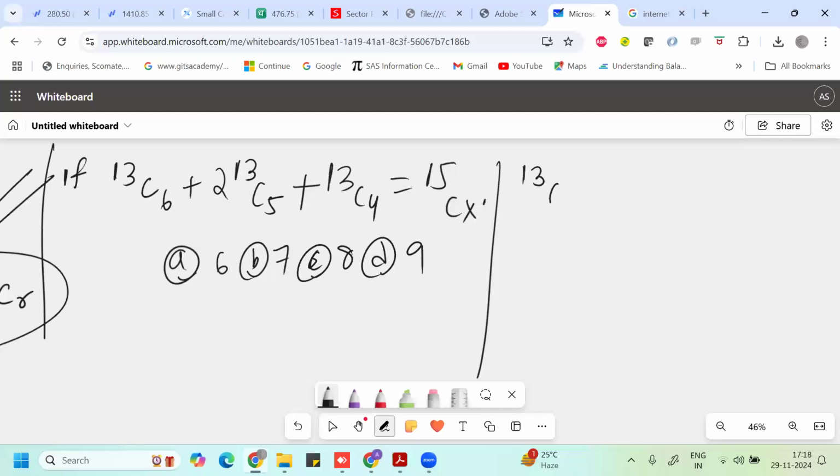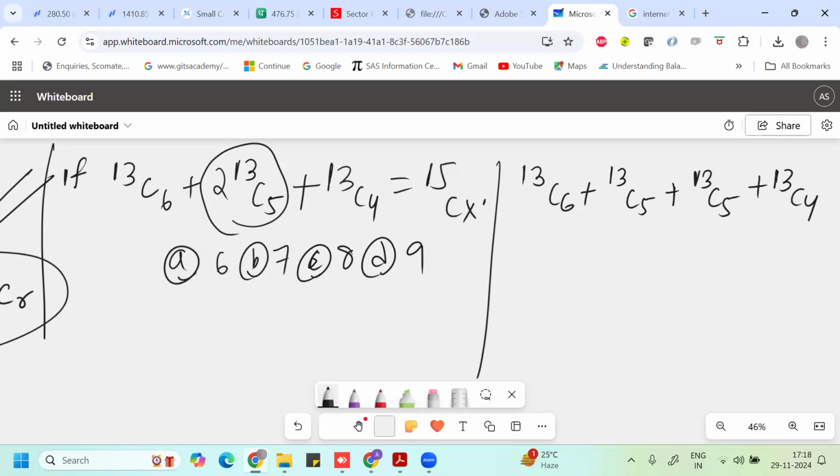Can I write 2 times 13C5 as 13C5 plus 13C5, so 13C6 plus 13C5 plus 13C5 plus 13C4?